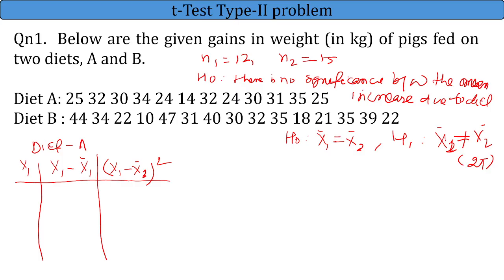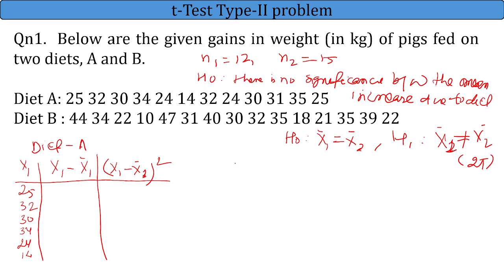We have the values 25, 32, 30, 34, then 24, 14.